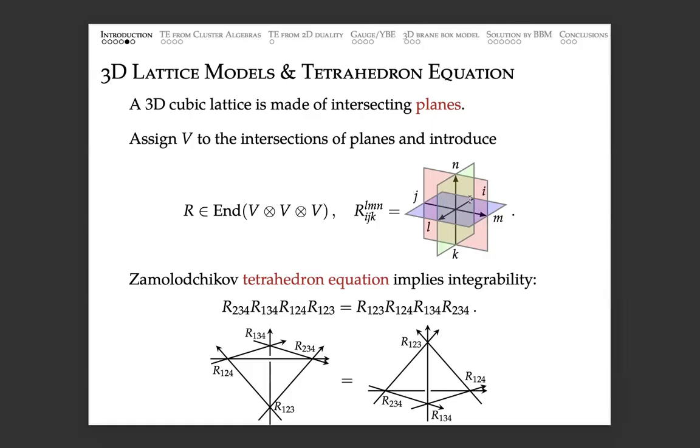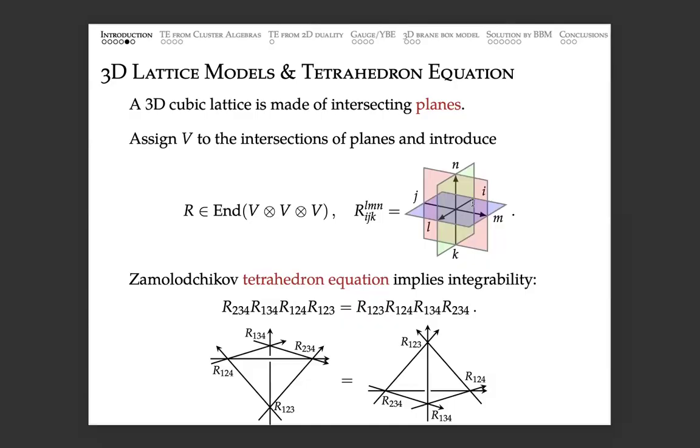And what you do is similar to what I did in the 2D case. I assign to each of these black oriented lines, intersections of planes, a vector space V, okay? And then I can consider a local configuration of spin variables placed on these edges of this lattice. So this is a local picture of a 3-dimensional lattice around a vertex, okay?